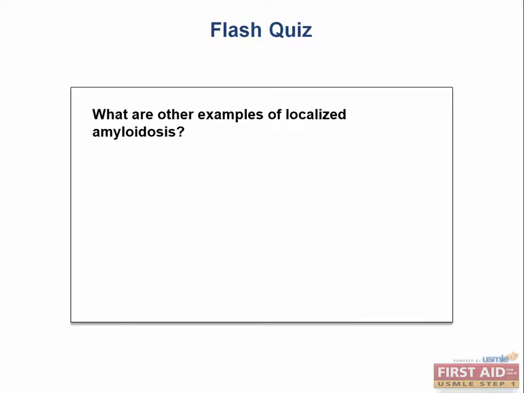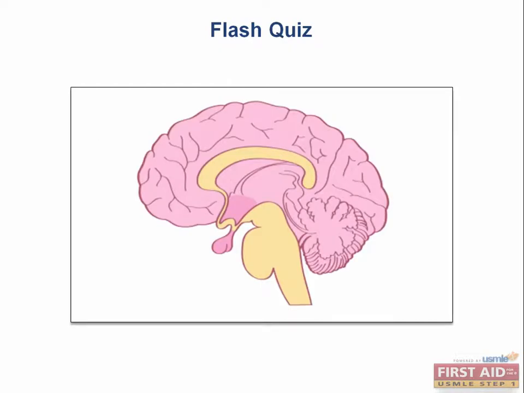What are some other examples of localized amyloidosis that target more specific organs, like we just saw with transthyretin affecting the heart? So, what about the brain? What type of amyloidosis specifically builds up in the brain? How about Alzheimer's, right? Alzheimer's, and what is the name of that protein?